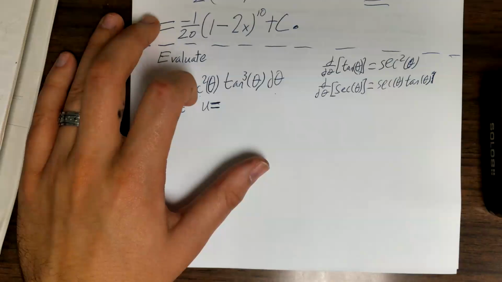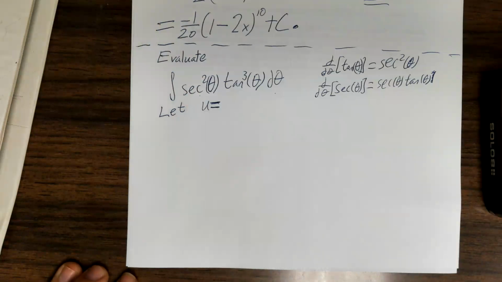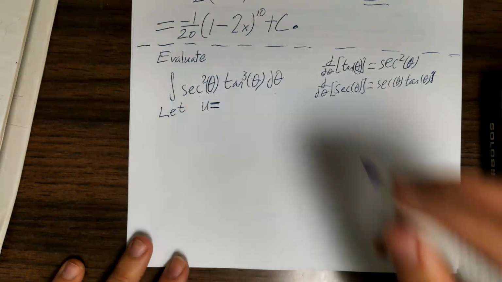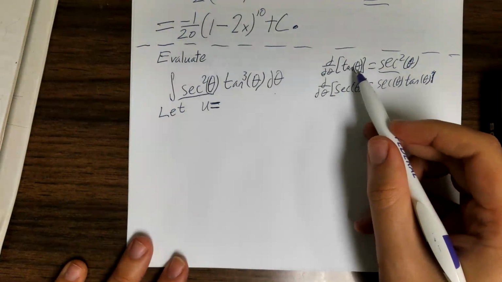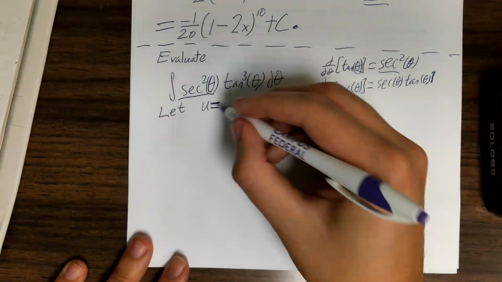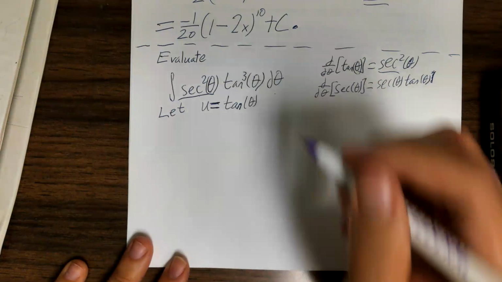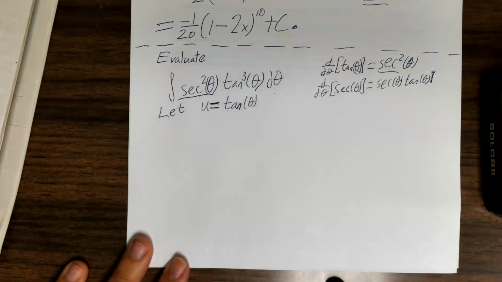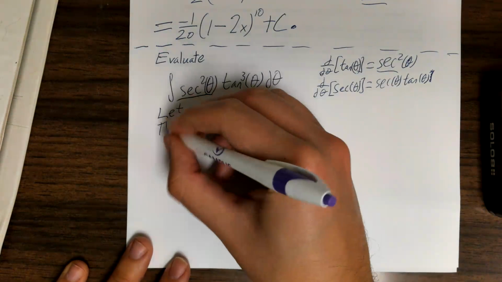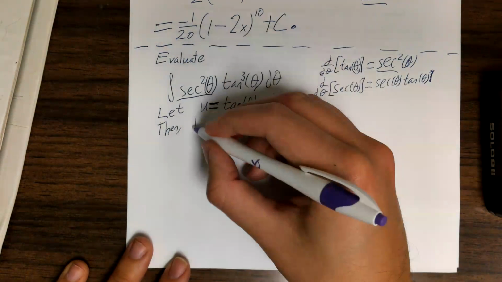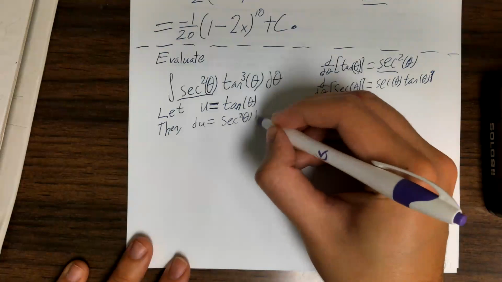Now, looking at this integral we have here, I think it's pretty clear that we have one of these derivatives right away. Namely, I got the secant squared. So I'm going to try and let u be tangent first and see if that gives us any results here. So let's let u be equal to tangent. Then du is equal to secant squared theta d theta.